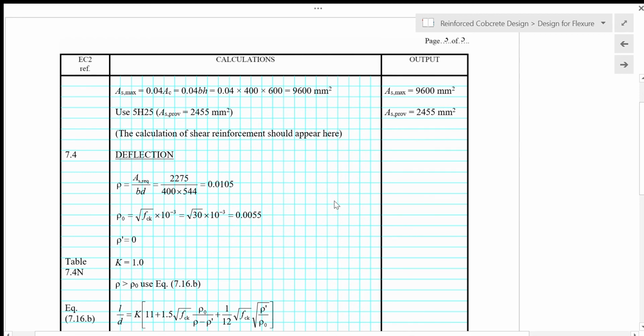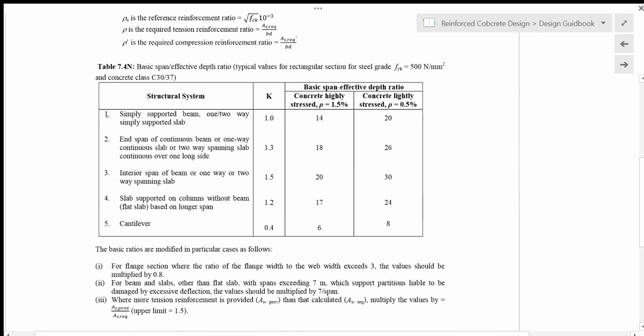And then in this design we do not have any compression reinforcement, so rho prime is equal to As prime, which is 0, divided by bd, is also 0. And then from table 7.4N we have simply supported beam or one or two way simply supported slab with K equals 1.